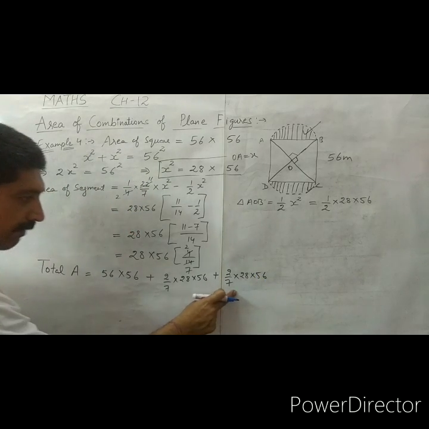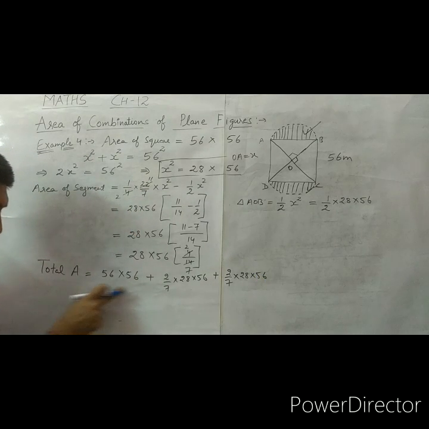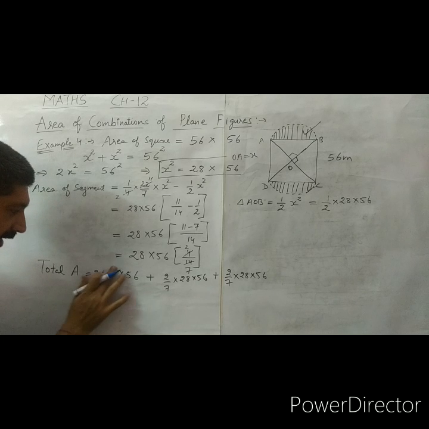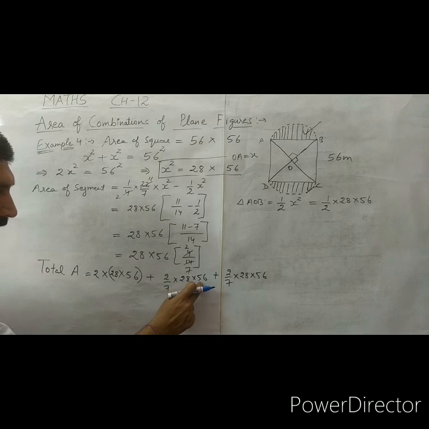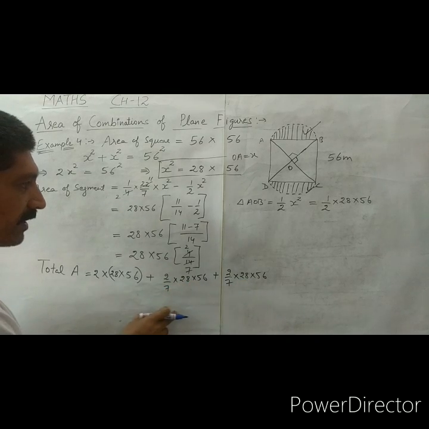This is the area of one flower bed, another flower bed, and the area of the square lawn. So we can take 2 common from this 56, and we can write 28 here. So we have 28 into 56 common in all 3.